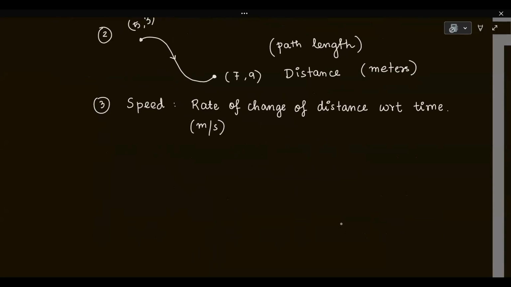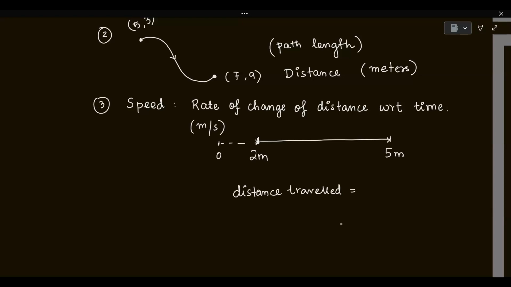If something is moving in a straight line, we know its initial position to be 2 meters and final location to be 5 meters from the origin. Like this is the origin, the body's initial location was 2 meters, final location was 5 meters. How would you find out the distance traveled? It was a straight line.